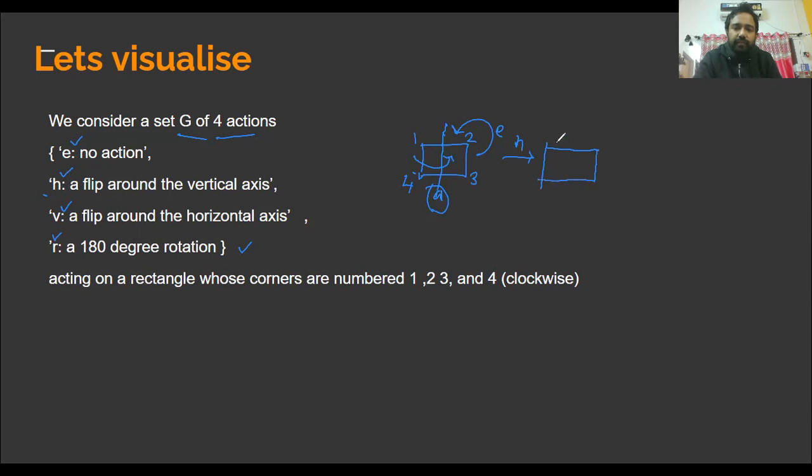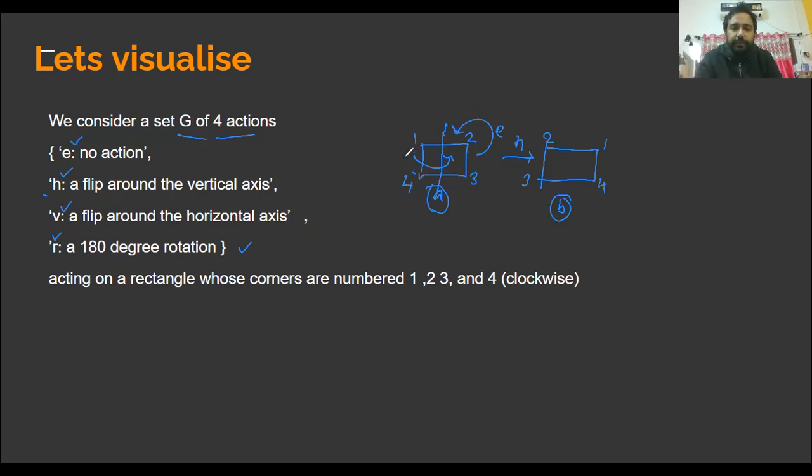So 2 and 3 come here, 1 and 4 come here, and we get a position B as a result of a horizontal flip.